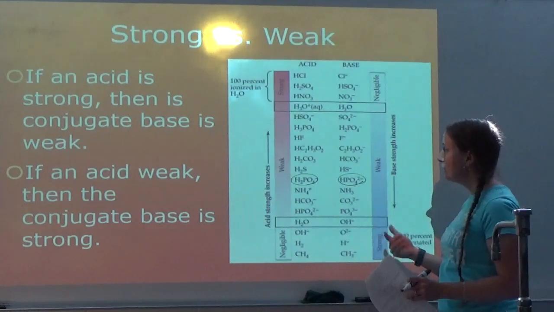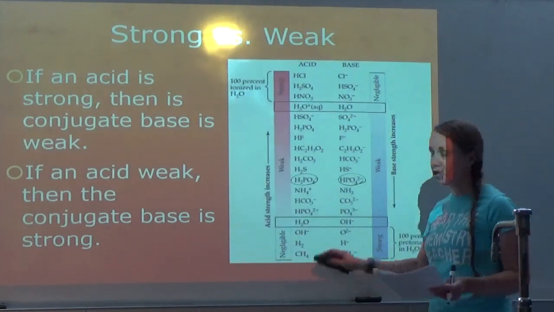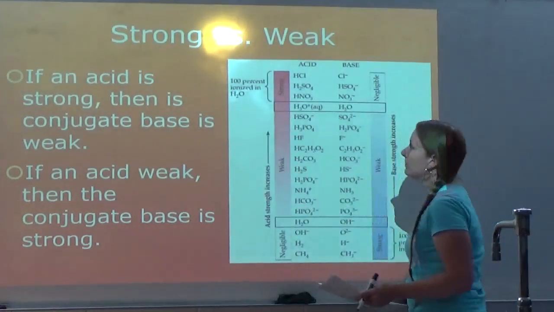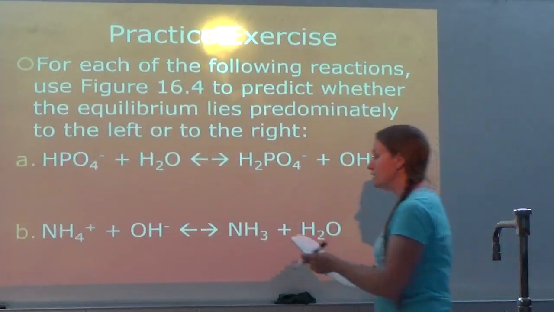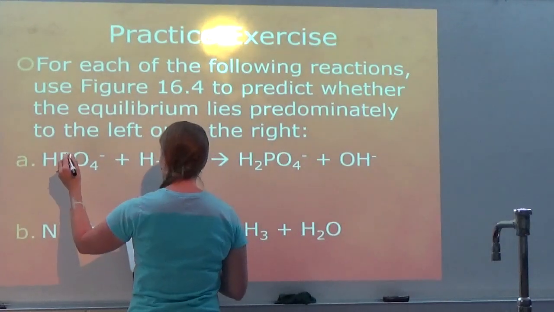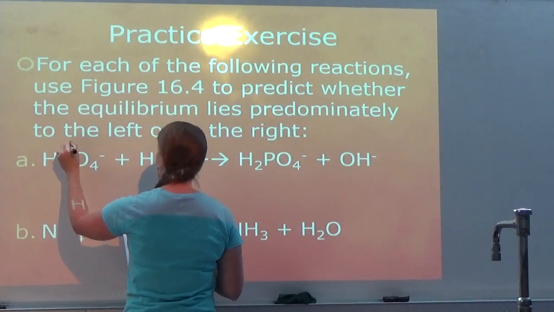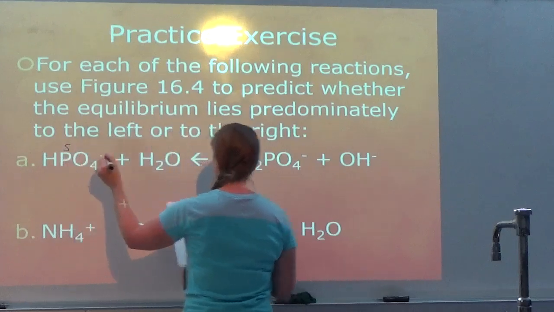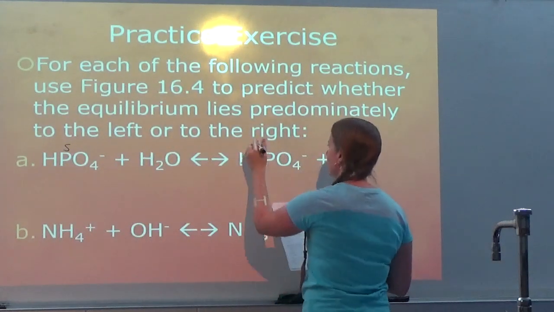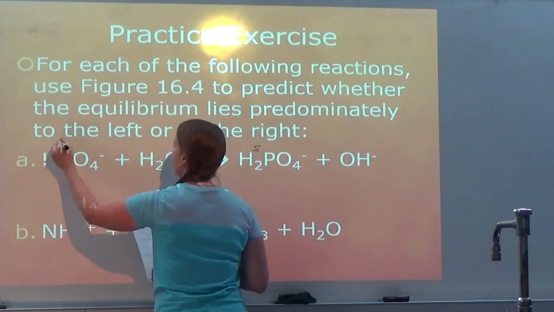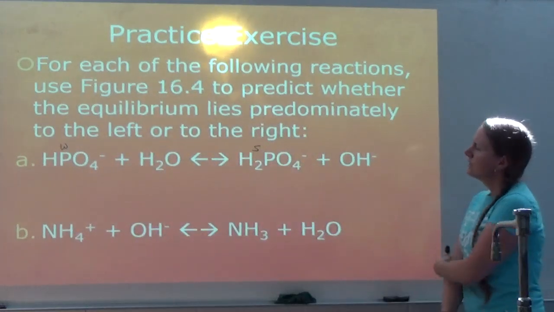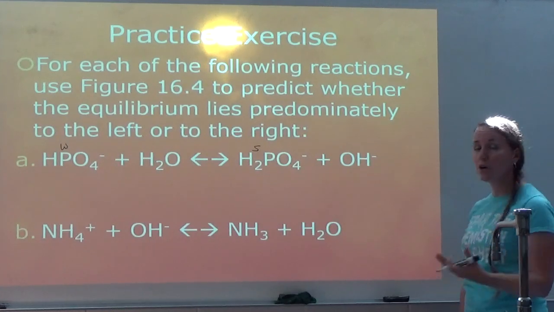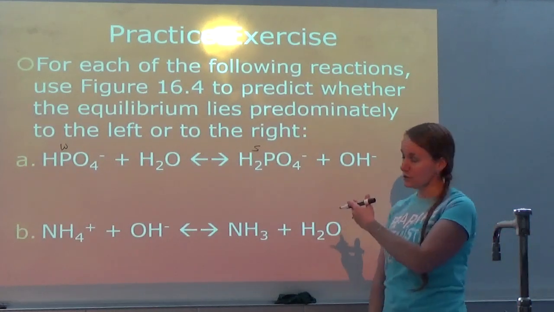So HPO4 is a little bit stronger than H2PO4. Alright, so I think I said H2PO4 was stronger than the HPO4. Alright, sorry, they were very close to each other. Alright, so H2PO4 is stronger than the HPO4 from the chart that we just looked at.